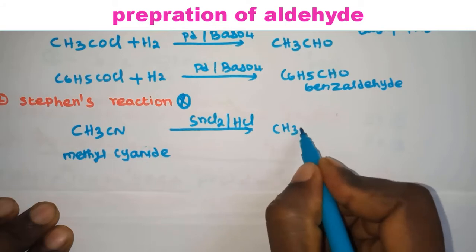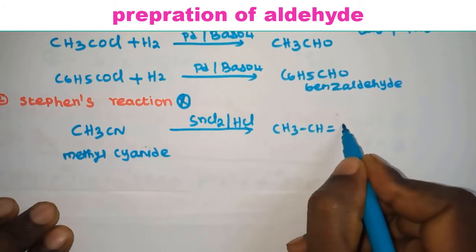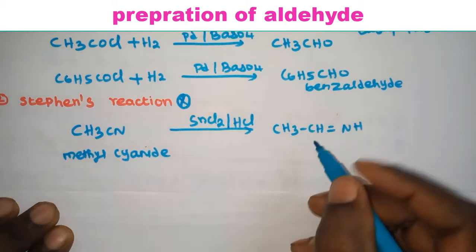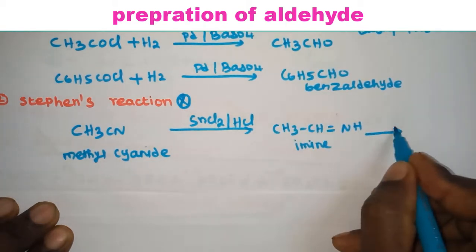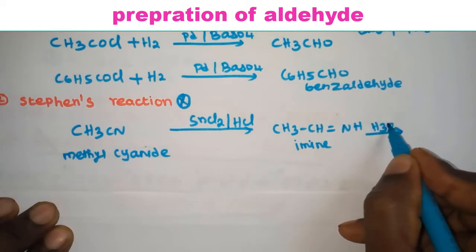The first step is the formation of the imine, CH3CH=NH. On further hydrolysis this forms the aldehyde, CH3CHO, acetaldehyde.